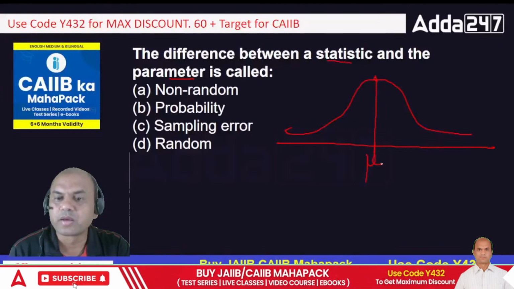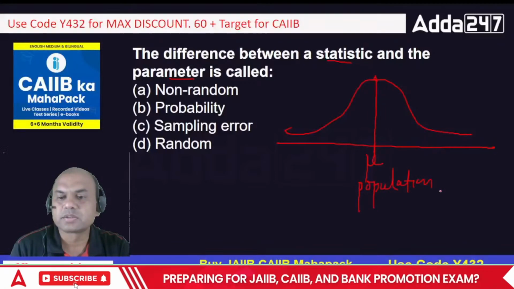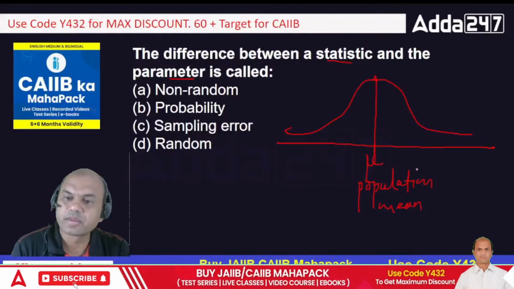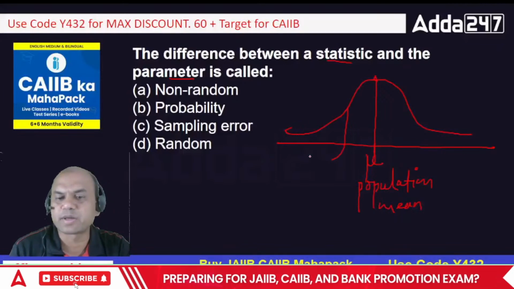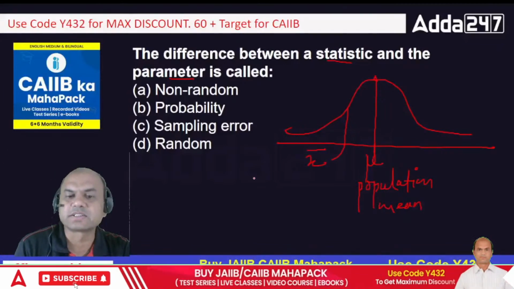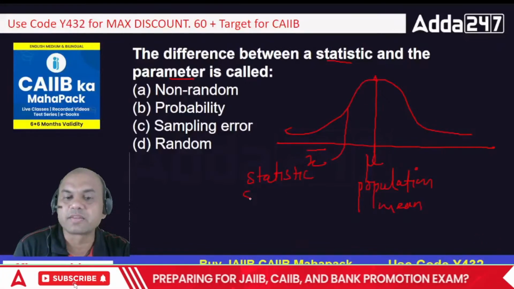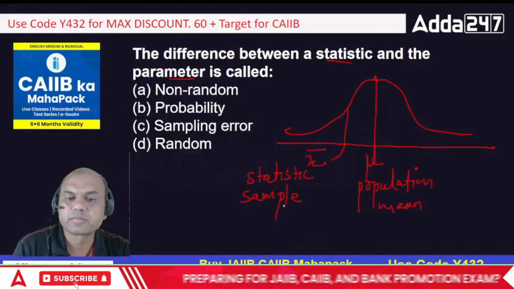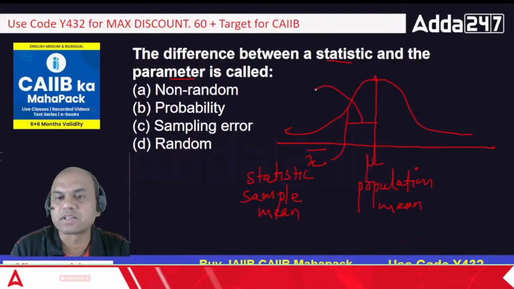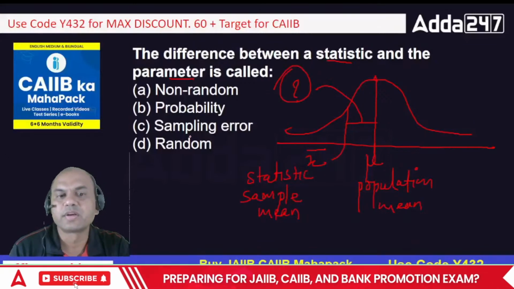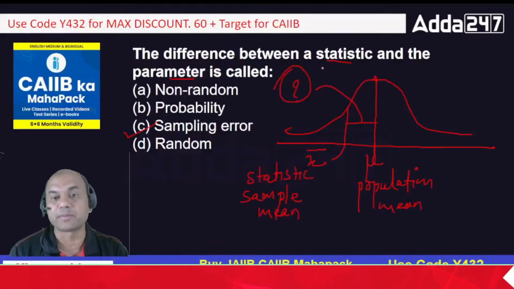The other part over here is the statistic, X bar, or you can call it the sample mean. The difference between these two is known as sampling error.